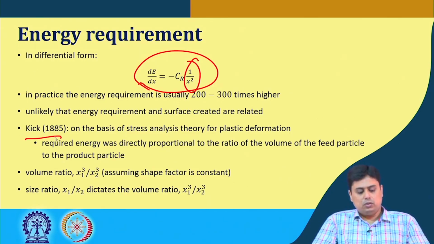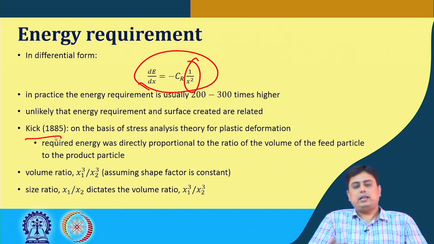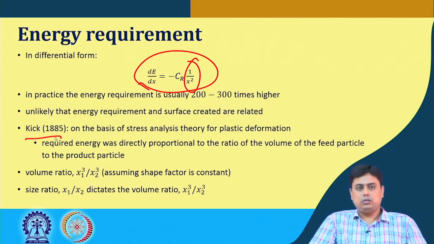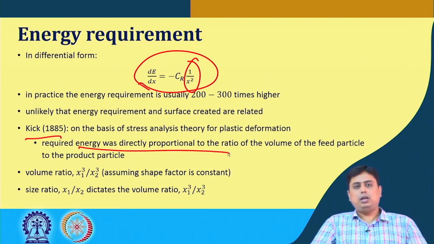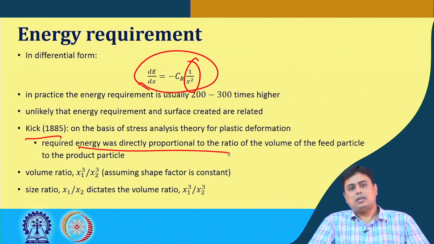The size ratio x1 by x2 basically influences this x1 cube by x2 cube. It eventually dictates this volume ratio. So, Kick's law says the required energy was directly proportional to the ratio of the volume of feed particle to the product particle. That means, in other words, it is the size ratio.